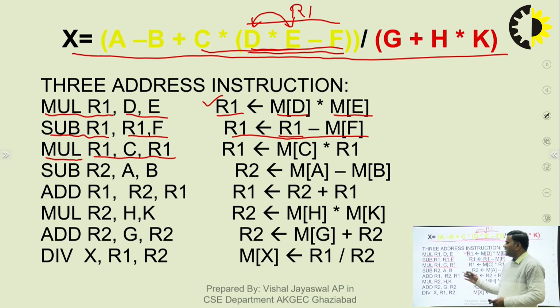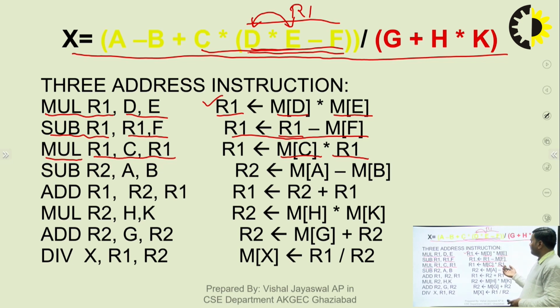It means we multiply C with the content of R1, and R1 contains D into E minus F. So R1 tends to M of C multiplied by R1, and the result is stored in R1. It means this whole result is in R1.